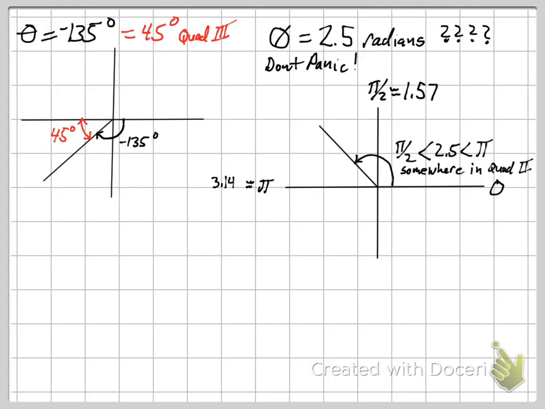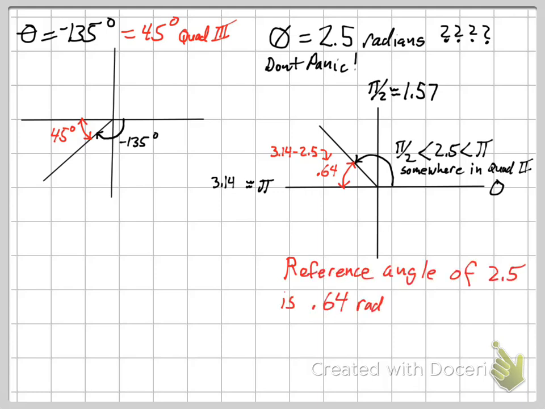Exactly where, really don't care. I know that I am in second quadrant. So if I take 3.14 and subtract the 2.5, that is going to give me my reference angle. So this 2.5 radians is the same thing as 0.64 radians drawn in quadrant 2.